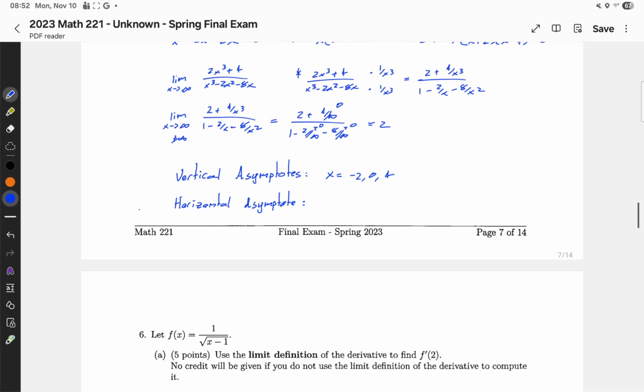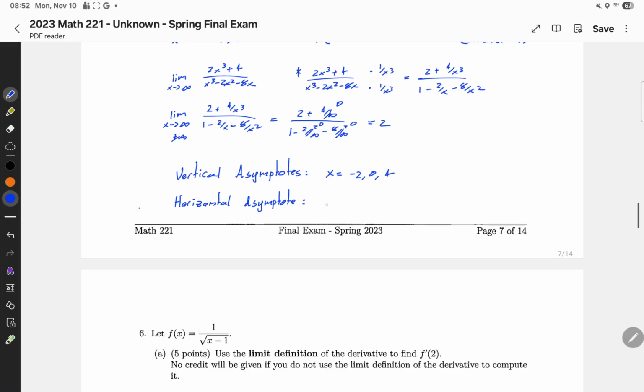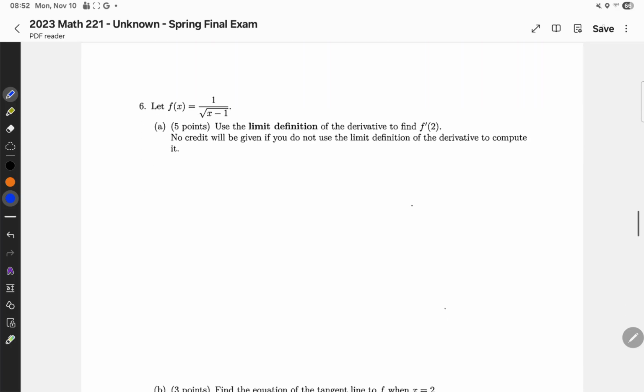These horizontal asymptotes we determine by y values. So this is going to be at y is equal to 2. I'll just put in parentheses both directions, because it's in the positive infinity direction and the negative infinity direction. Awesome. All right, that is question 5 done.